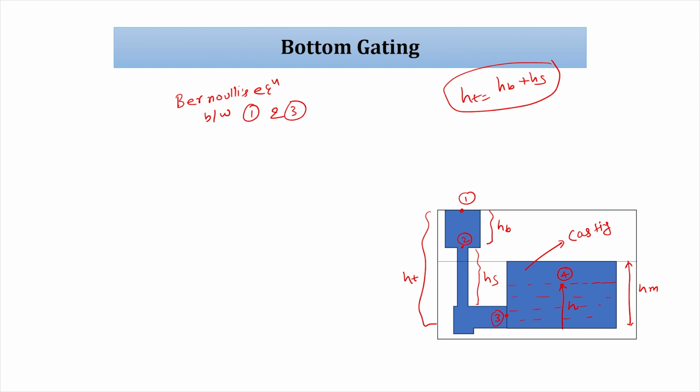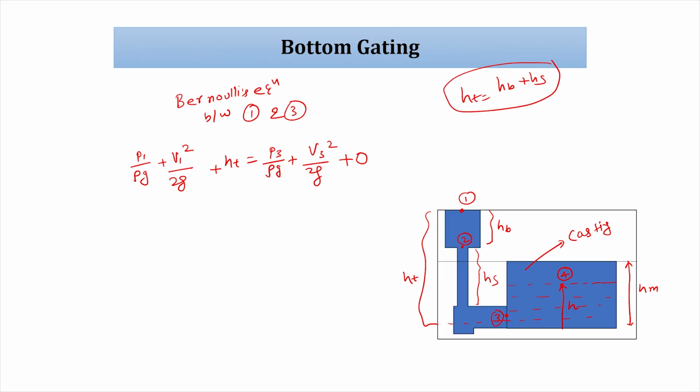So, P1 by rho g plus V1 square by 2g plus the potential head HT, equals P3 by rho g plus V3 square by 2g plus 0, since we are taking the datum at 3.